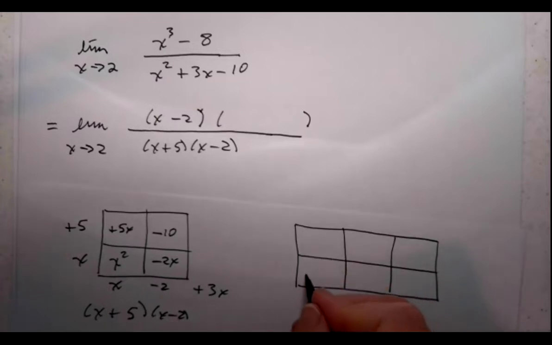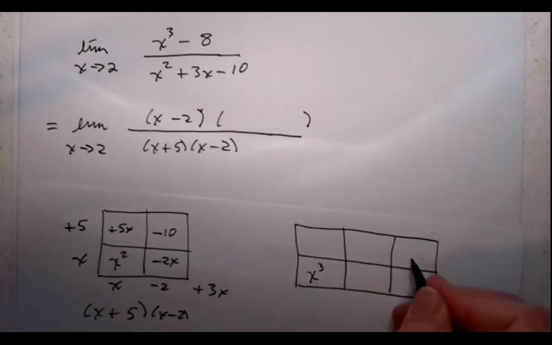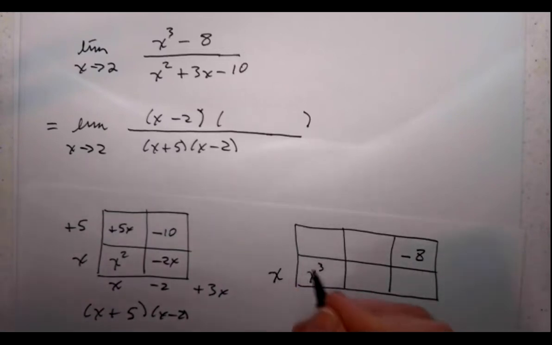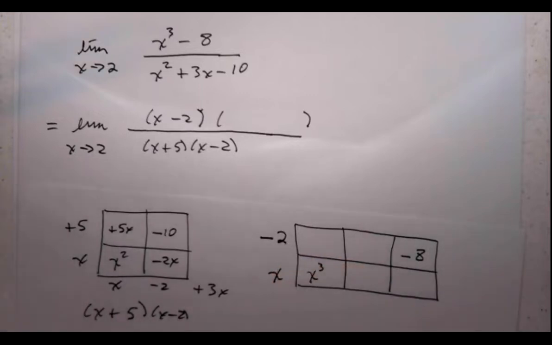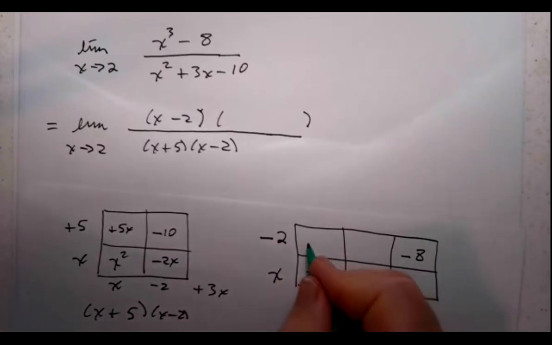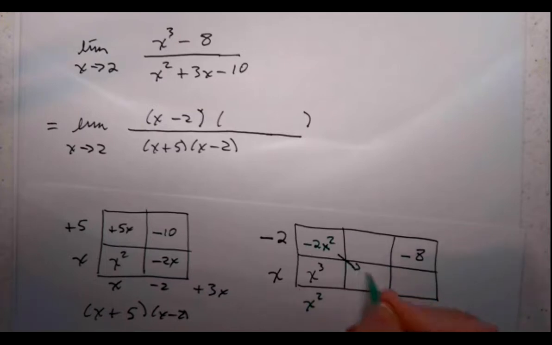So I have x cubed here. I have minus 8 there. I know this is going to be x because the cube root of x cubed is x. I know that's going to be minus 2. And then x times what is x cubed? Of course, this has to be x squared because x times x squared is x cubed. Negative 2 times x squared is negative 2x squared, but I need those to cancel, subtract out.